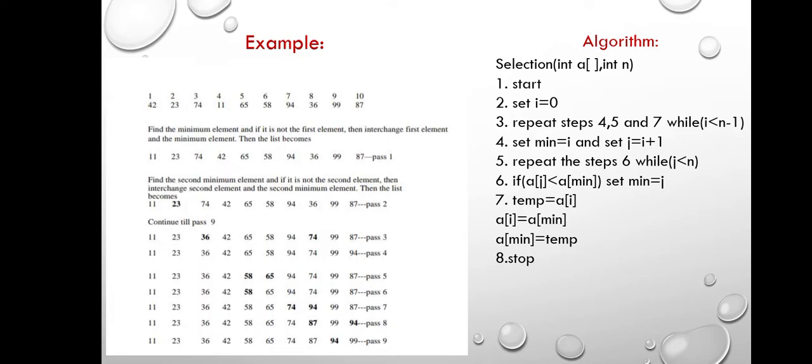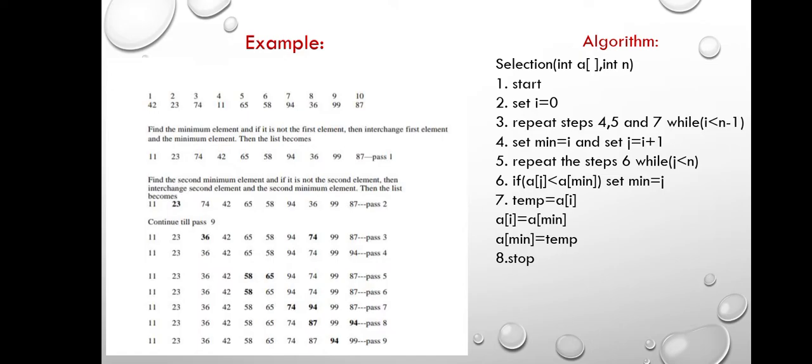Then find the second minimum element, and if it is not the second element, interchange the second element and the second minimum element, then the list becomes 11 23 74 74 42 65 58 94 36 99 87, pass 2. Continue till pass 9.